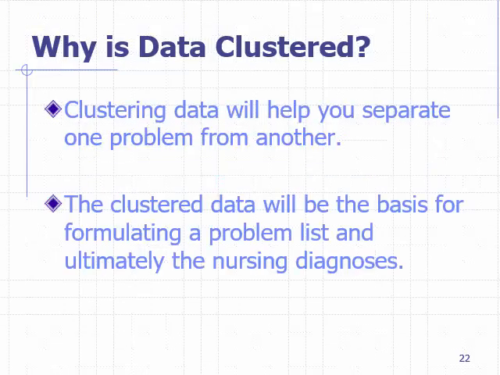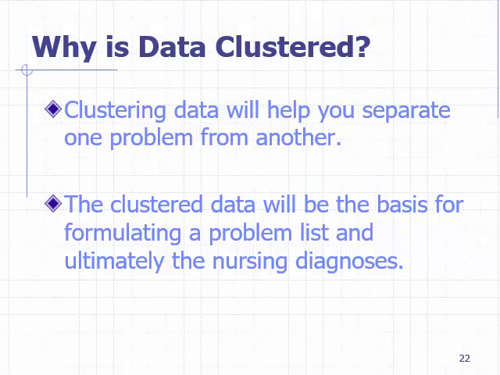So why is data clustered? If you cluster data, it's going to help you separate one problem from another. Some clusters may suggest more than one problem, and some clusters may be overlapping and could be combined. For example, if you were looking at respiratory, as in this patient, he may have a white blood count of 12,000.